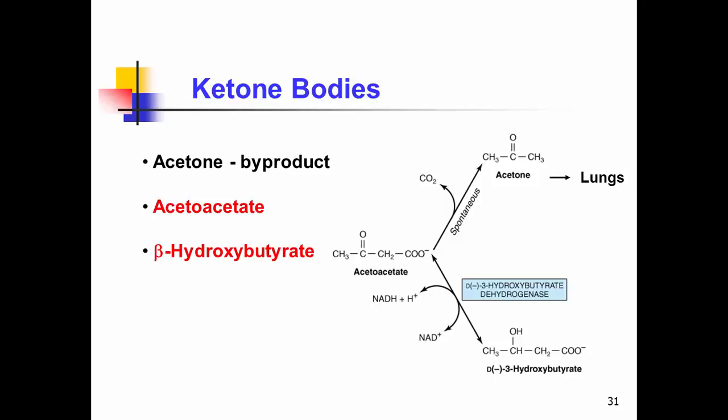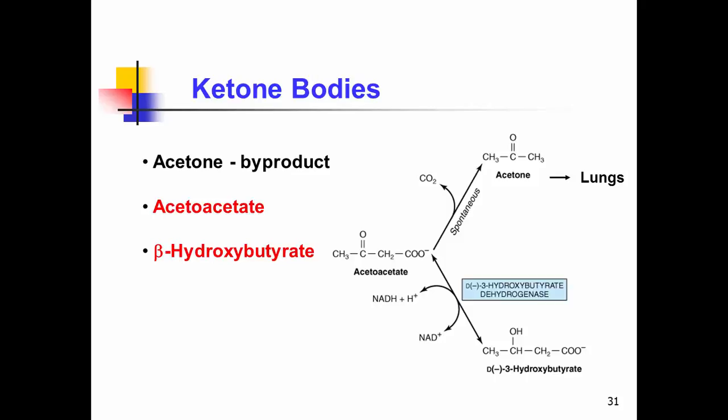That is the acetone that makes the special smell in diabetic patients or ketoacidosis conditions. So again, these two, particularly beta hydroxybutyrate, are the major forms of the ketone bodies present at very high levels in the circulation.